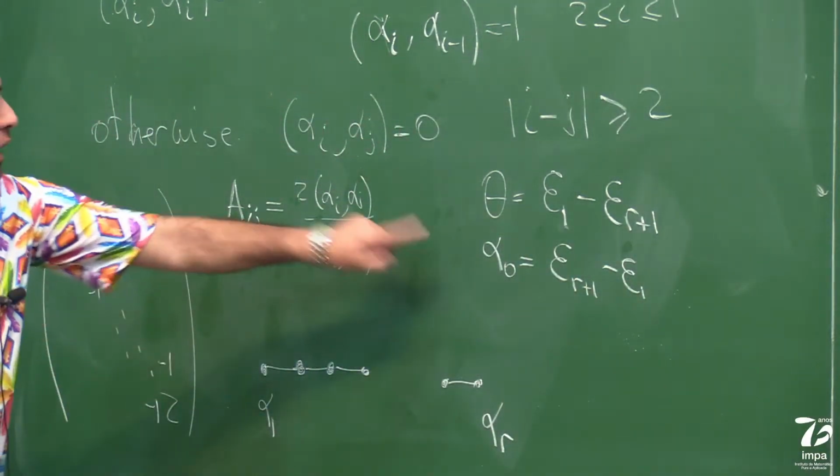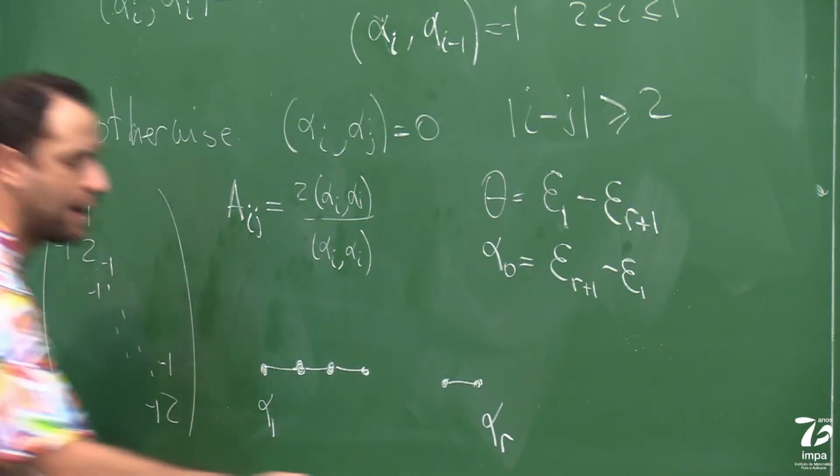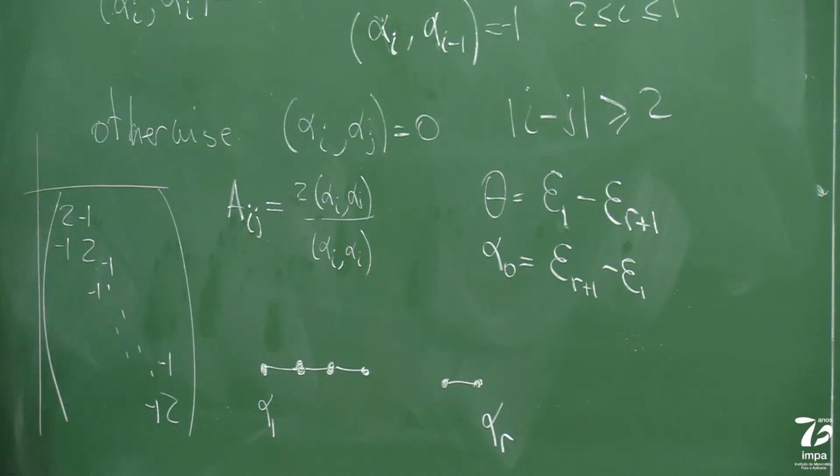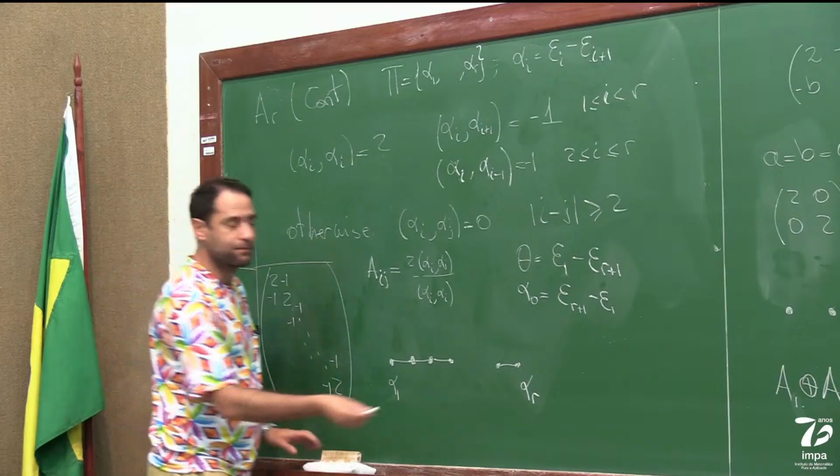And I need to enlarge this Cartan matrix by adding alpha_0. So this is the extended Cartan matrix. I'm going to add one row and one column that corresponds to alpha_0. So alpha_0 has inner product with what?